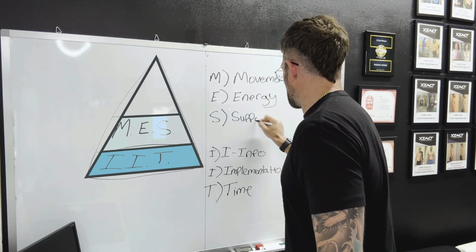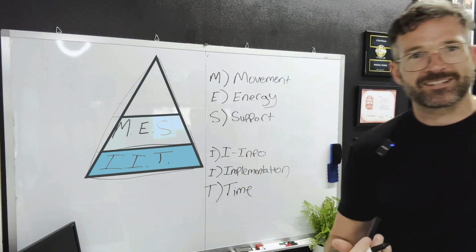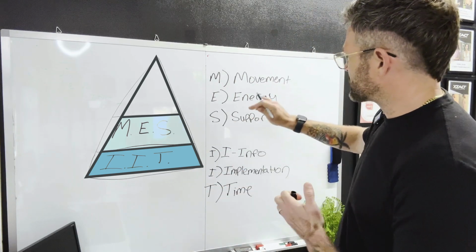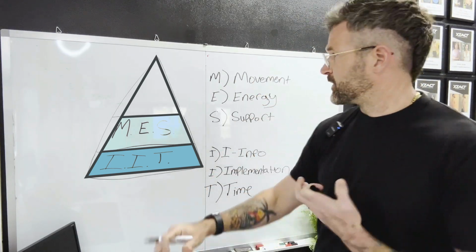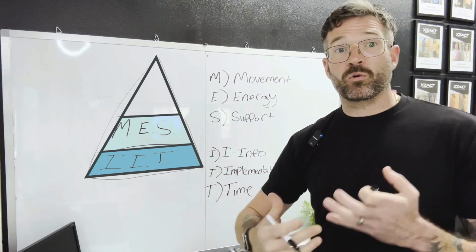So once you know the information, you know how to implement it, and you understand it's going to take time to change, then we can start to look at each of the different areas, which is going to be your movement. So movement to support whatever your goal is.